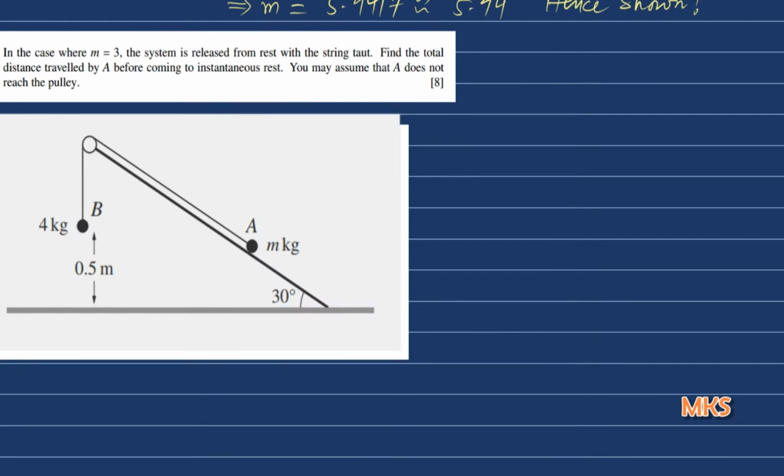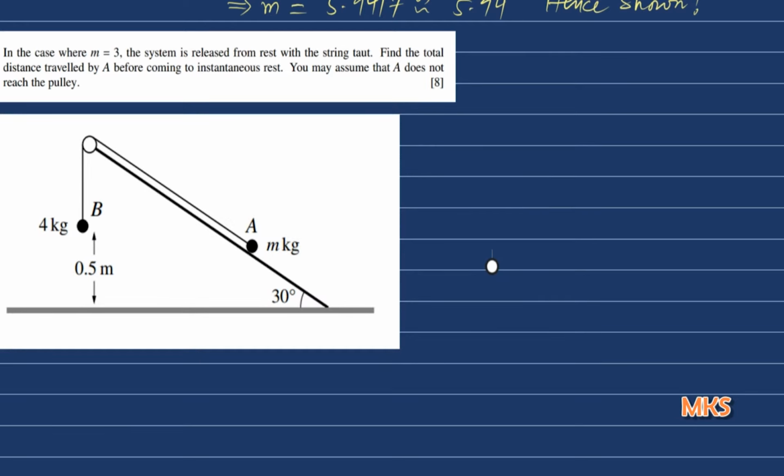So what you can see here is that it is given that m is equal to 3 kilograms. और उसके बाद ये कहा कि अब ये देखें the forces on it. It's now released, so it will start moving towards B and B will start moving towards the ground. तो यहाँ पे तो हमारे पास है 40 न्यूटन नीचे और ऊपर the tension will be in this direction.